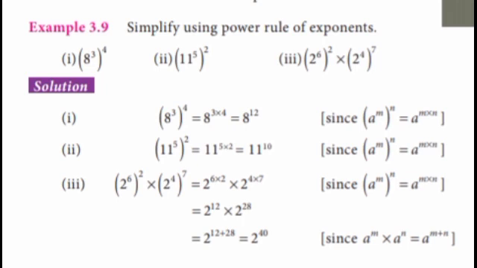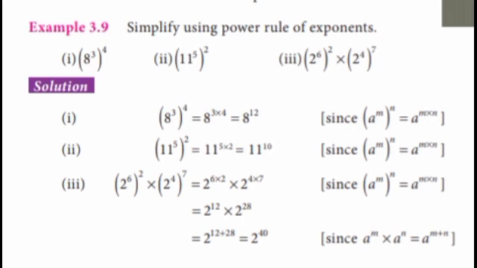Third question, 2 power 6 the whole power 2 into 2 power 4 the whole power 7. Using the power rule, first you multiply the powers. 2 power 6 into 2, into 2 power 4 into 7. 2 power 6 into 2 is 12 and 2 power 4 into 7 is 28.